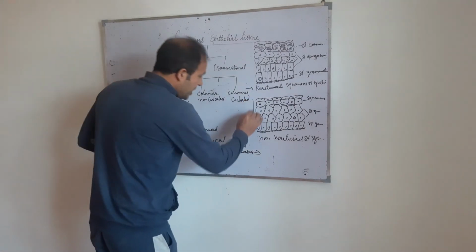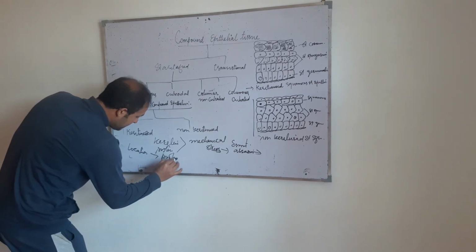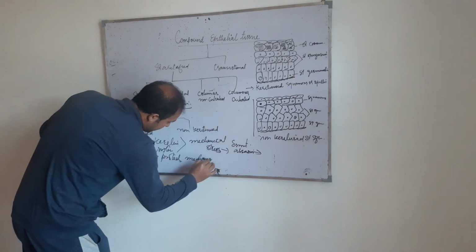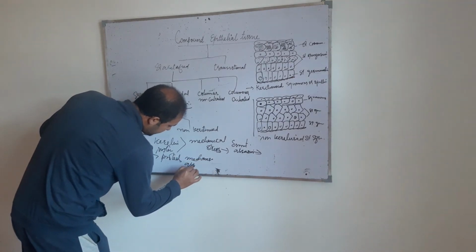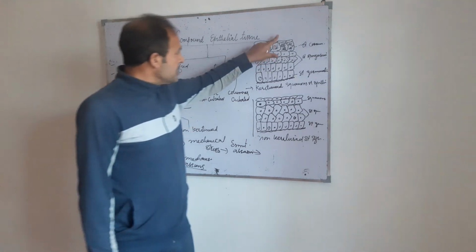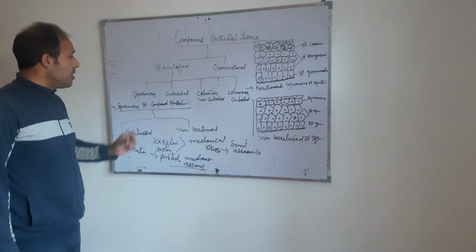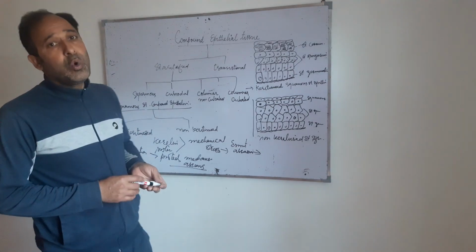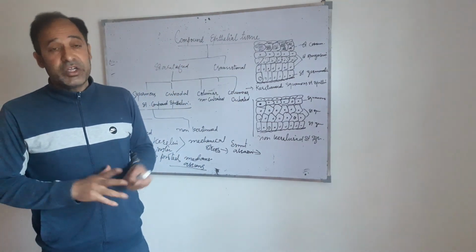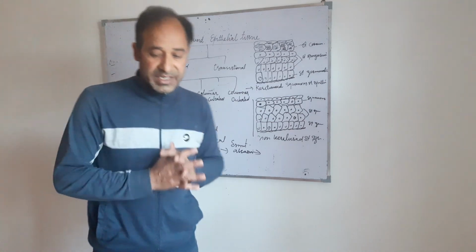So the function is that it protects from mechanical stress and mechanical abrasions. This non-keratinized squamous stratified compound epithelium has no role in absorption or secretion. It always protects from mechanical injury, mechanical stress and environmental stress. That's all.